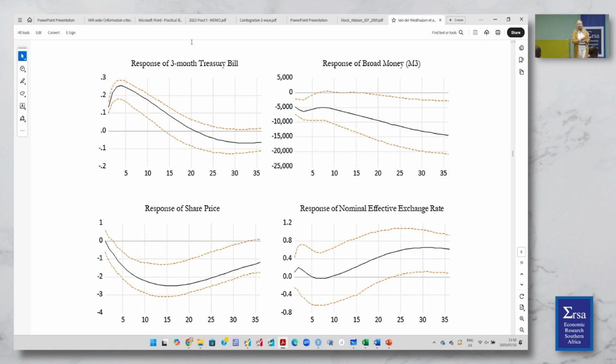Higher interest rates are not so good for share prices. What's that? Yes, Kenny. I'm guessing it's more expensive for businesses to borrow, so they can't invest. So it's more expensive for businesses to borrow, which will then make their performance less well.